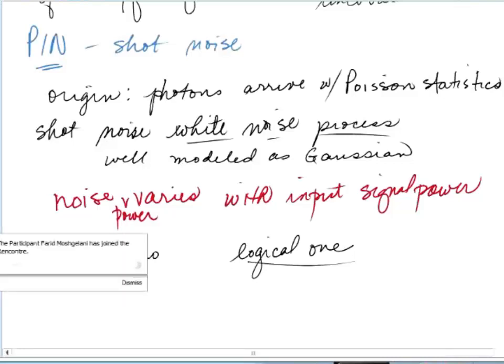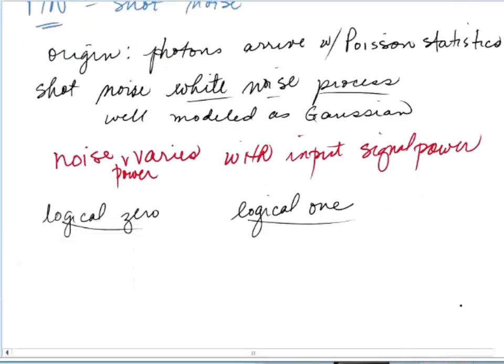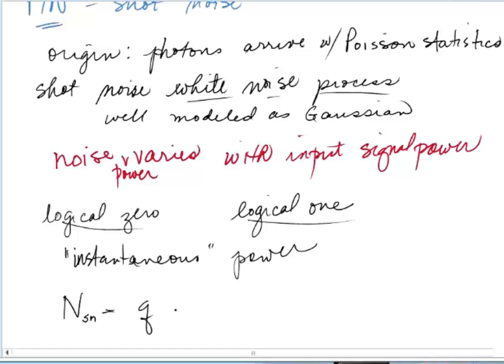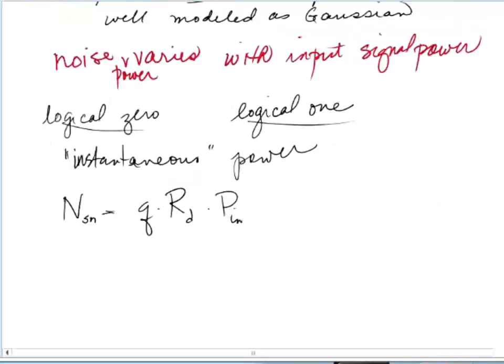For now, let's just consider a continuous wave signal and what the equations are for the shot noise. We'll think of it in terms of instantaneous power to keep these ideas clear in our mind. The power spectral density of shot noise is equal to the electron charge Q times the responsivity of the photodiode times the input signal power.